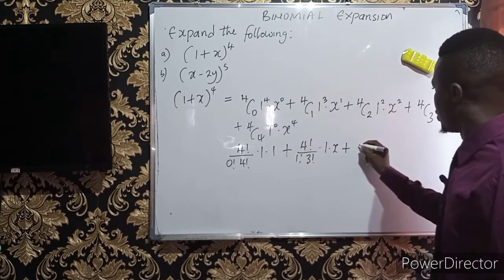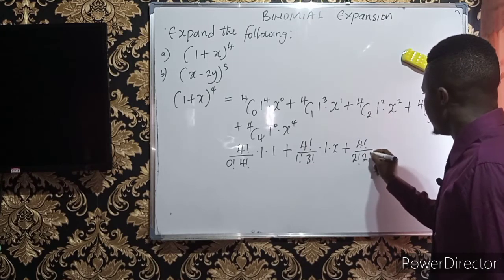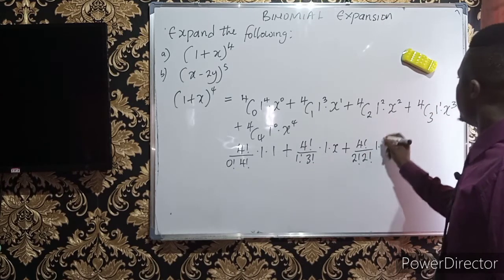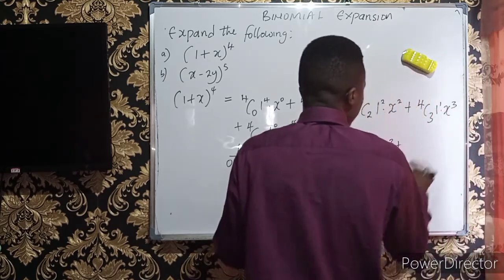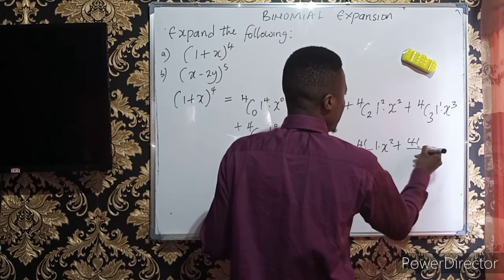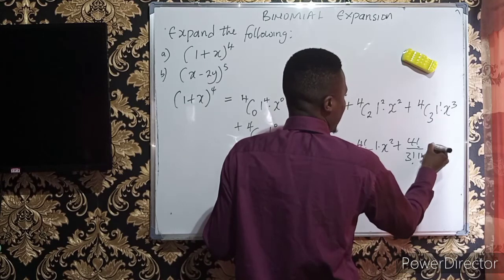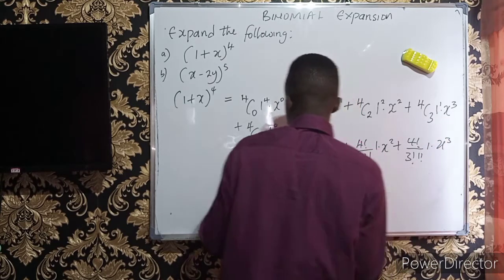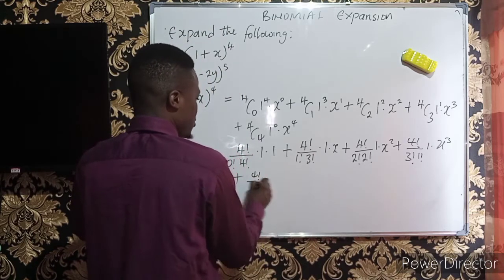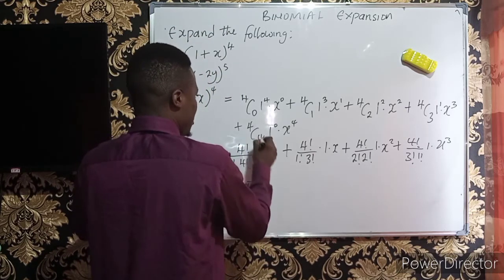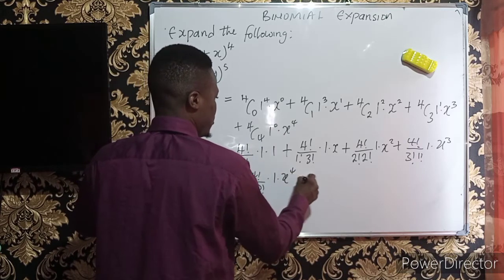Plus 4 combination 2 means 4 factorial over 2 factorial times (4 minus 2) factorial, which is 2 factorial, times 1, because 1 to the power of 2 is 1, times x squared. Plus 4 combination 3 is 4 factorial over 3 factorial times 1 factorial, 1 to the power of 1 is 1, times x to the power of 3. Then plus 4 combination 4 is just 4 factorial over 4 factorial times 0 factorial, times 1, times x to the power of 4.